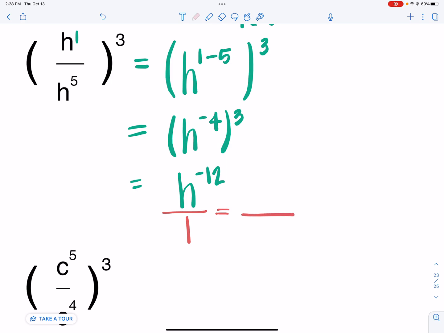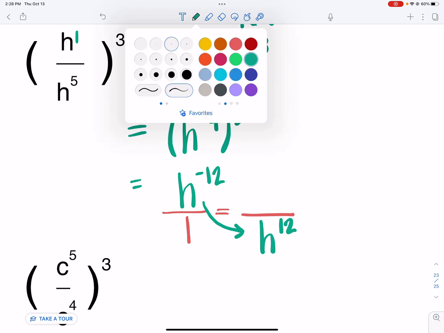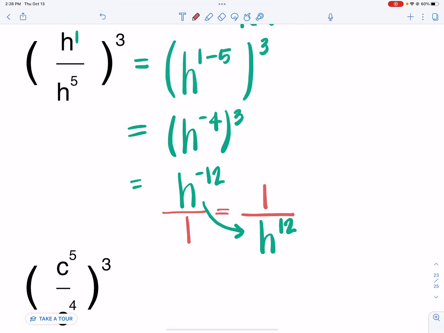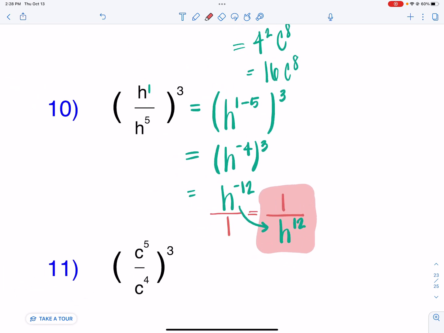And we talked about how when a variable in the numerator has a negative exponent, it moves to the denominator and the exponent becomes positive. And we'll leave the 1 on the top. And it's not real pretty, but that's our final answer.